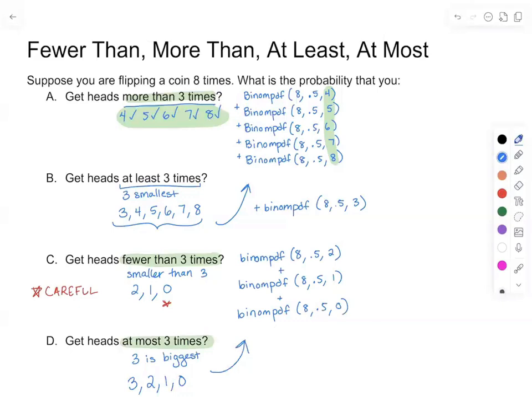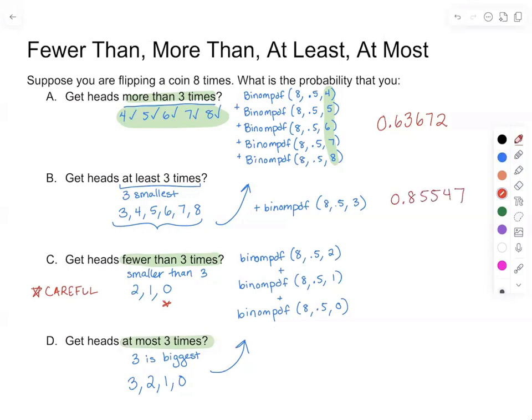Now, let me just give you the answers here so that if you want to try these and see if you're getting the right answers, you can check. For the probability that it is more than 3 times, that should work out to be 0.63672 or around there. For the probability of at least 3 times, we are going to get a slightly bigger number, 0.85547.